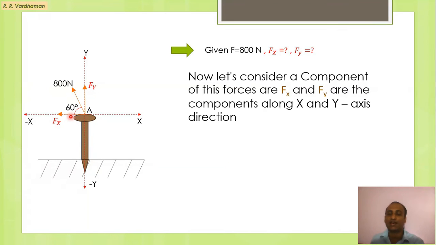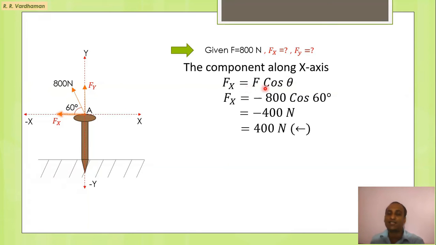Now we have to calculate these components. So as we know, Fx will be F cos theta. So putting the values, it will be minus 800 cos 60 and the answer is minus 400 Newton. So we can replace this with 400 Newton and we will give the direction towards the left.